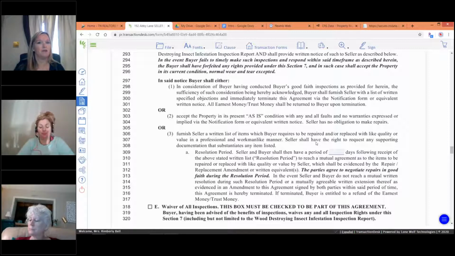I think the seller should be privy to the whole home inspection. But it's not my decision. It is the seller's decision what supporting document they want. So you need to ask them. If you represent the seller, you need to say, okay, do you want me to request the whole home inspection? Just the parts that are pertaining to these items?